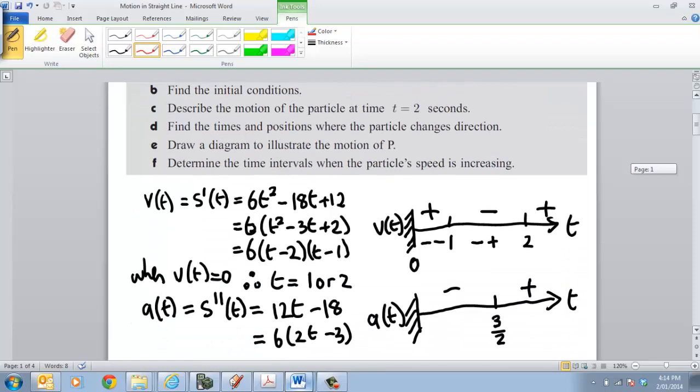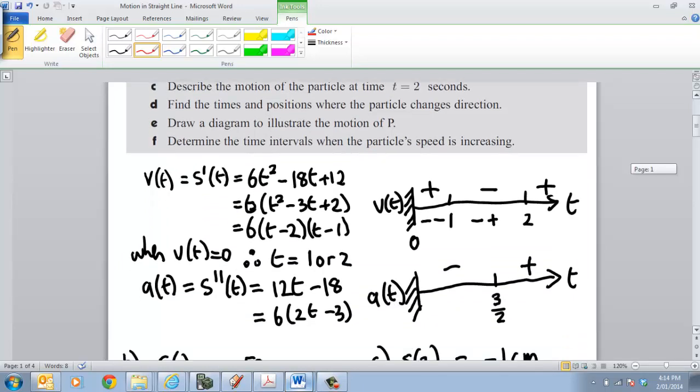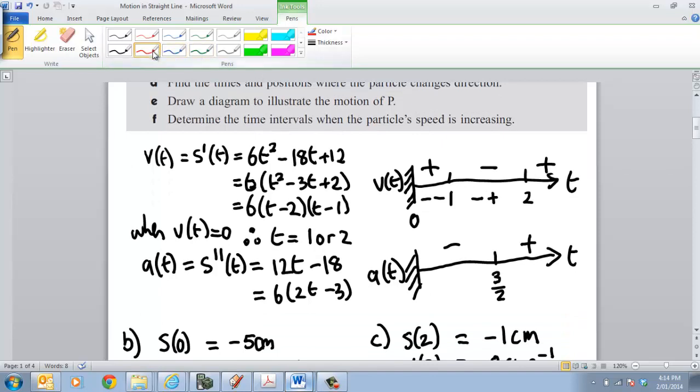Determine the time interval when the particle speed is increasing. I need to talk about this because this is an important concept. I've drawn these sign diagrams, so these things here are parallel to each other. They're lined up. Now, when these things have the same sign, then the speed's increasing. When the signs are different, the speed's decreasing. So here, if you're looking at our velocity, it's got a positive sign there. That's got a negative sign.